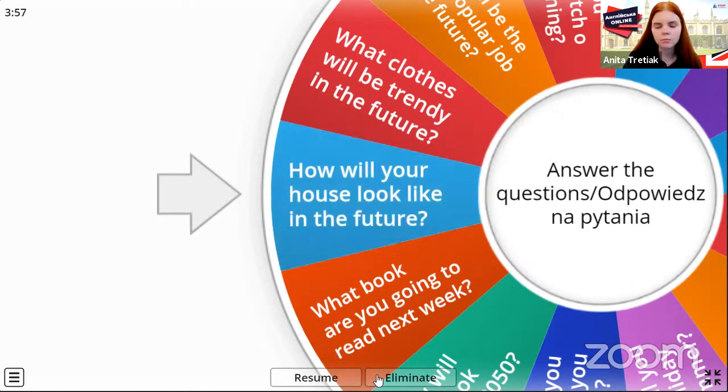I mean, just like bedrooms or living rooms. And it's gonna be very bright. I'm going to paint it in white. So it will look very bright and light, maybe in Scandinavian style or something. What about your house? How will your house look like in the future? So just share your ideas with us, guys.